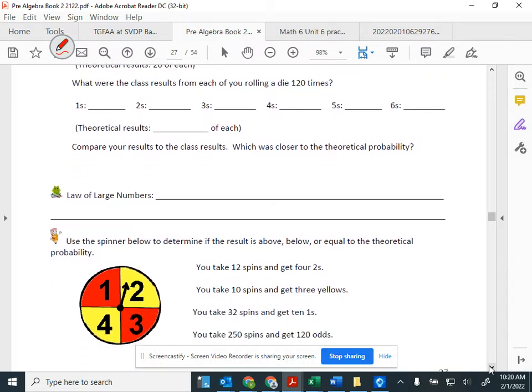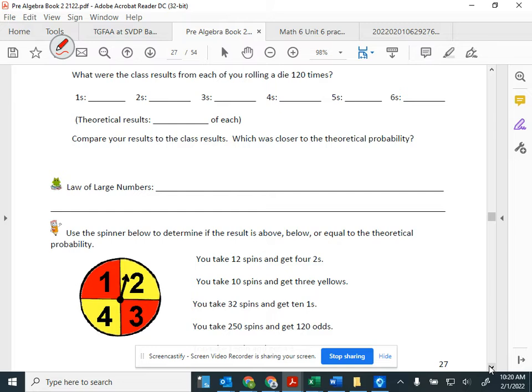Now we need the class results from rolling the die 120 times. That means we actually have to go around for each number. We're going to go around for the ones, the twos, the threes, the fours, the fives, and the sixes. Here's what we're going to do to make it go a little bit faster. Do what Paul's table did for the heads and tails and get your total for your table, so we have fewer numbers to add.